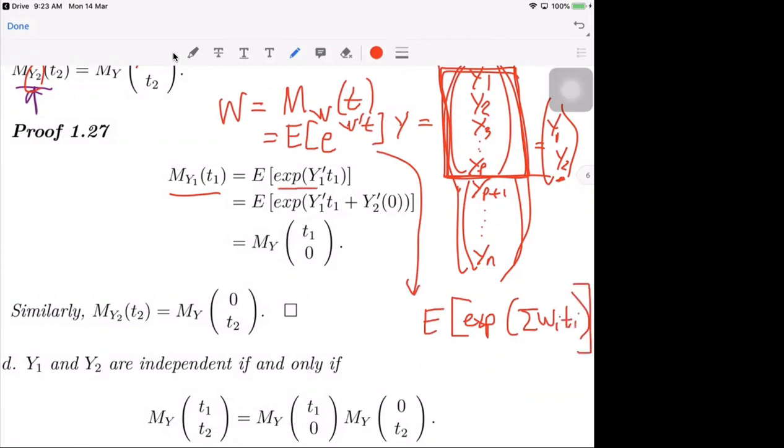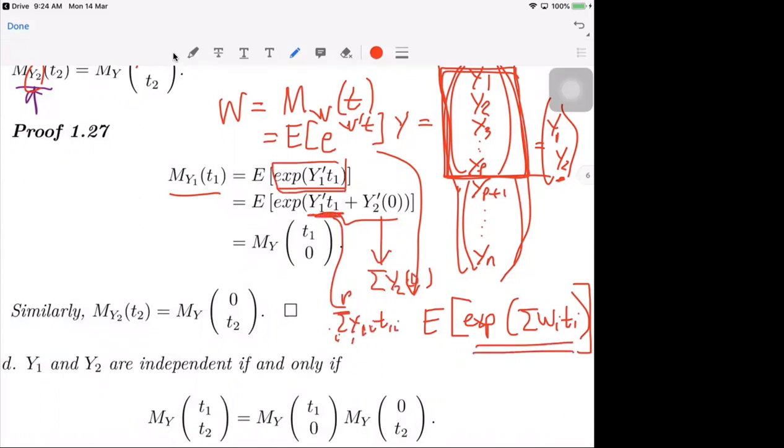So it means that this one can be written as the summation of y1 prime t1 plus y2 prime t2, wherein this is a summation of y2 terms but the t's are 0, and this one are summations of y1i t1i, i from 1 to p in our notation. So this term here can be written in terms of summations. So in notations, you have this one.